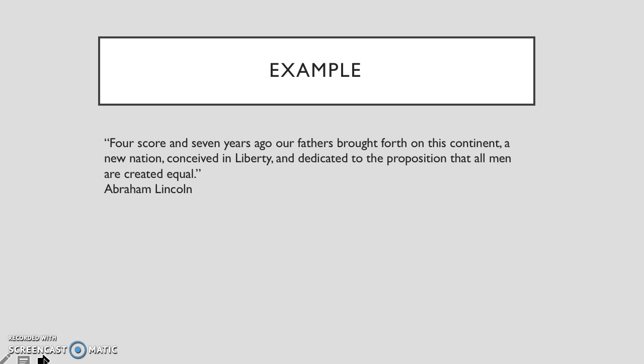To do a paraphrase of this, I would have to get the idea, the core part of it, which is that our ancestors created a country based on liberty and equality. And I would have to move that around and say, I don't know, liberty and equality have always been the founding principles based on our founders.